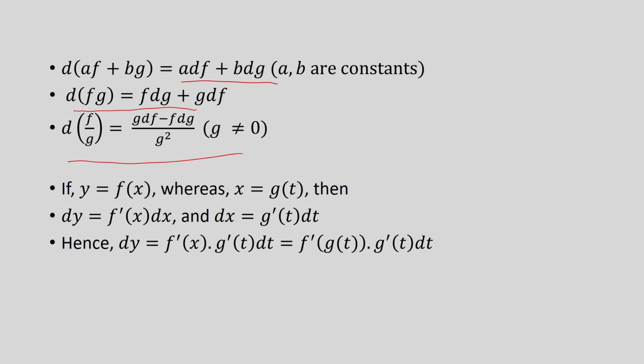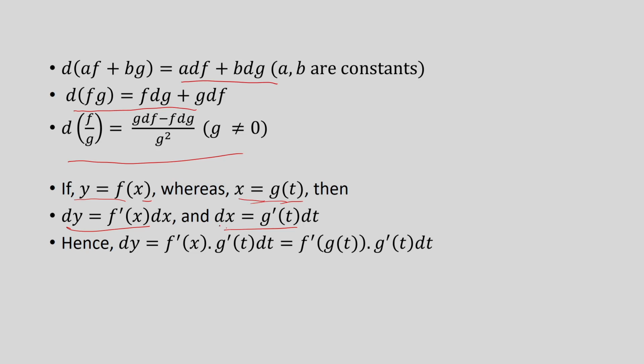Now, there is a composite function here, suppose. So, y is equal to f x and x itself is a function of t, x is equal to g t. Then I can use the rule of differential, what is dy, dy is equal to f prime of x dx, and I can use the rule of differential on this second function. So, dx is equal to g prime t dt.